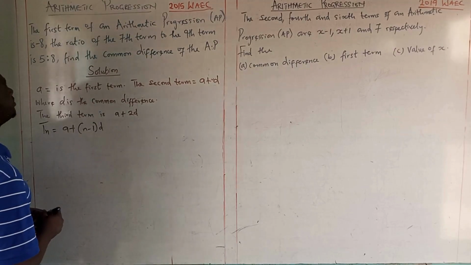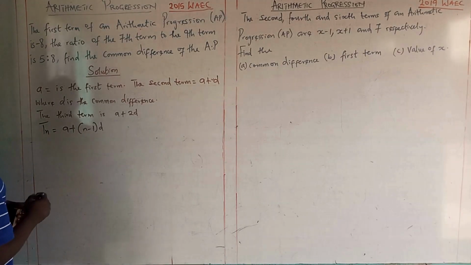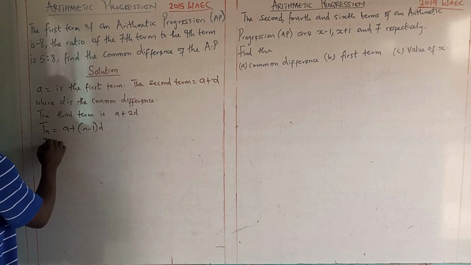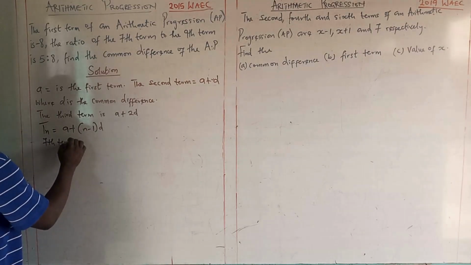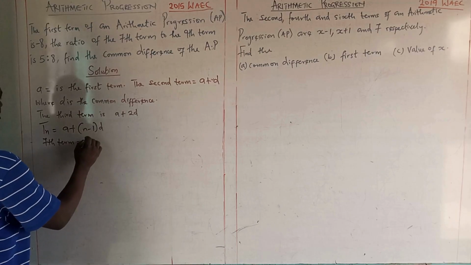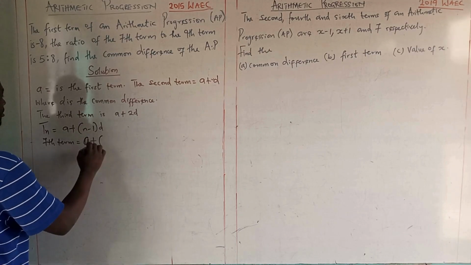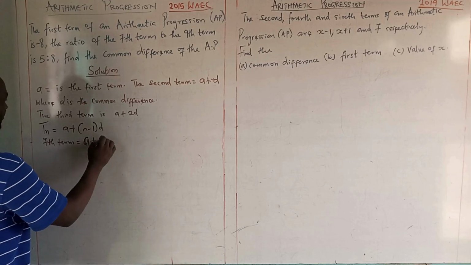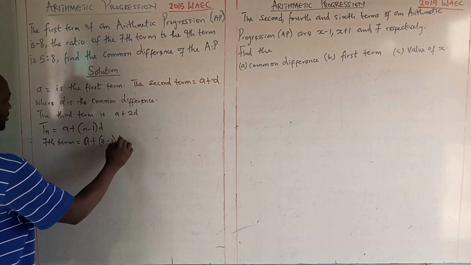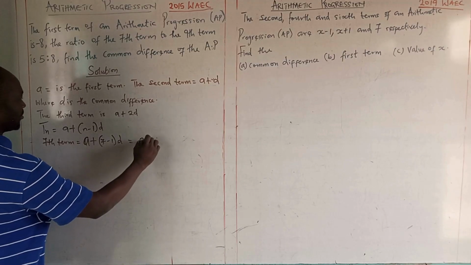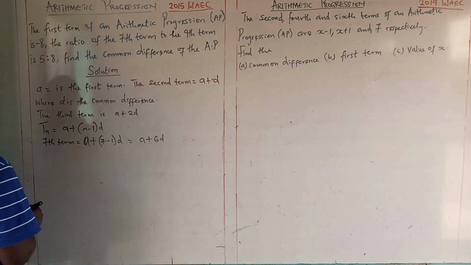So, that means the seventh term will be A plus n, which is 7 minus 1, D, which is A plus 6D.